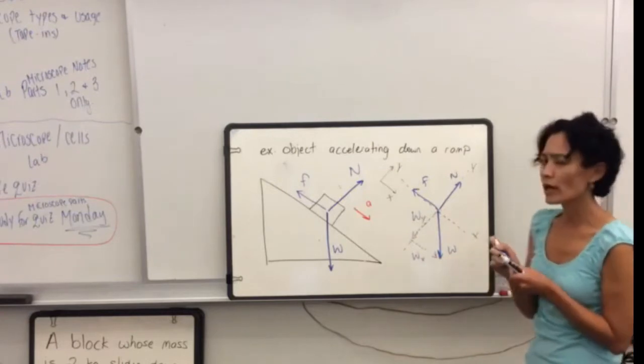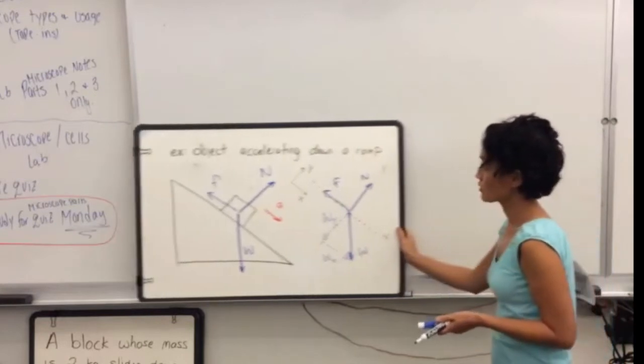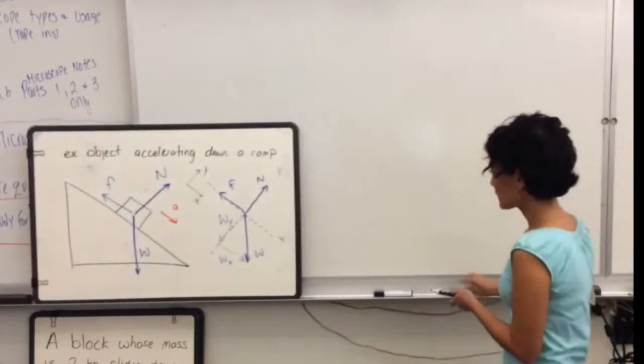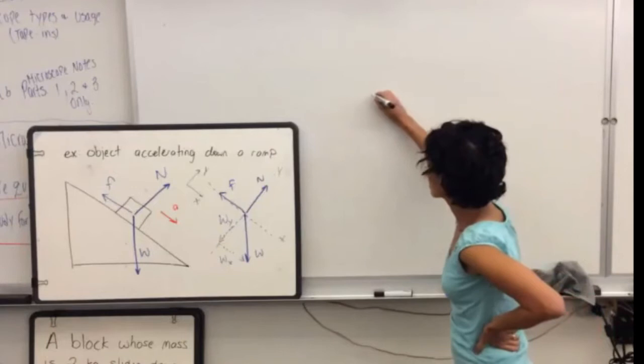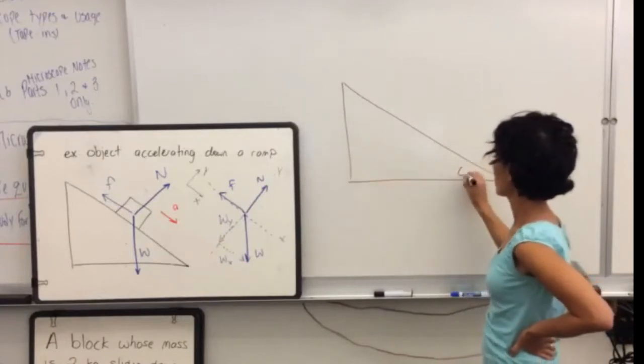Now, how do you know what to break that up on? I didn't leave a board for this, so I'm going to shift this here and we'll draw it here. If you think about your weight, this is our incline. Here's my angle.